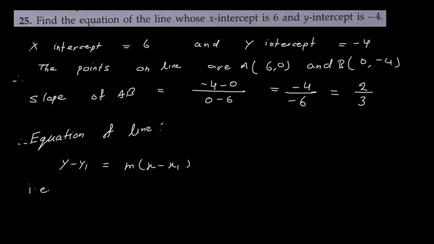That is y minus, what is y1? We can take any point as say 0. We will say 0 is equals to m is 2 divided by 3 into x minus x1. What is x1? x1 is 6.